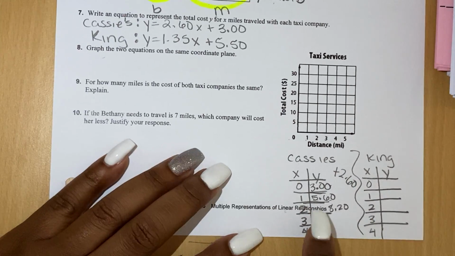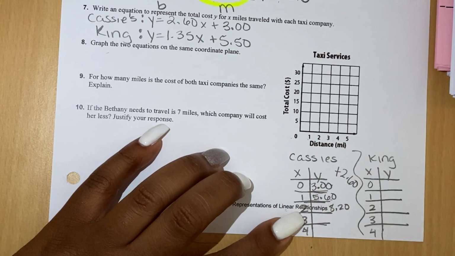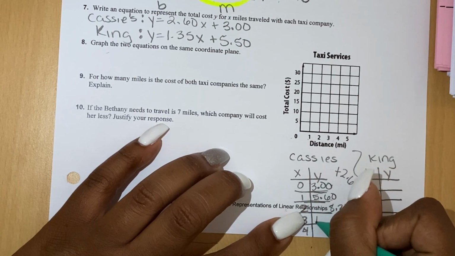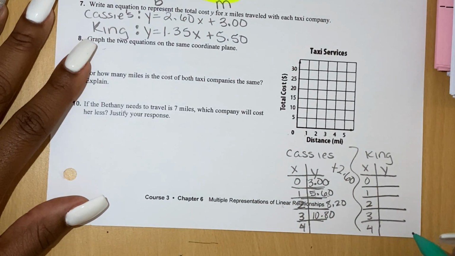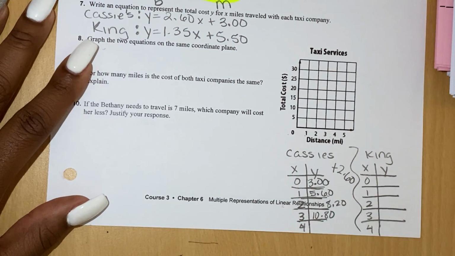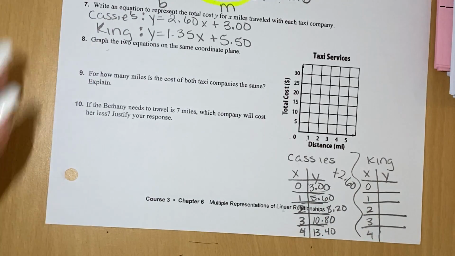Okay, what if we went 3 miles with Cassie? $8.20 plus $2.60 is $10.80. What about 4 miles? Okay, $10.80 plus 2.60. We'll be looking at $13.40.